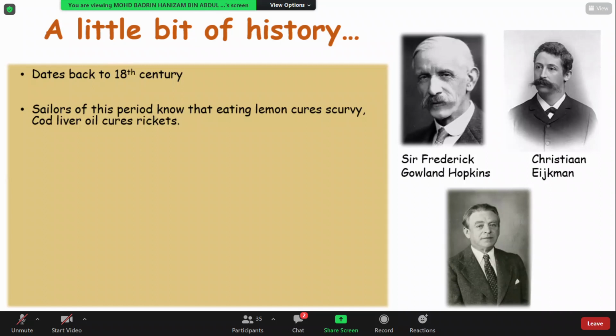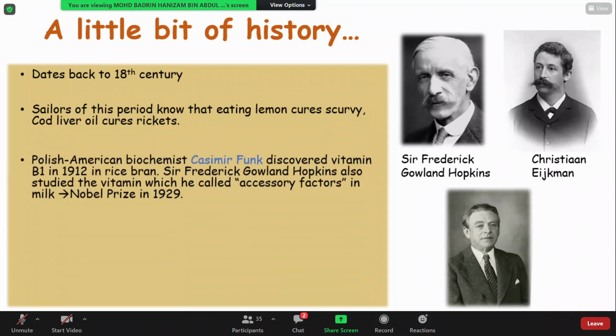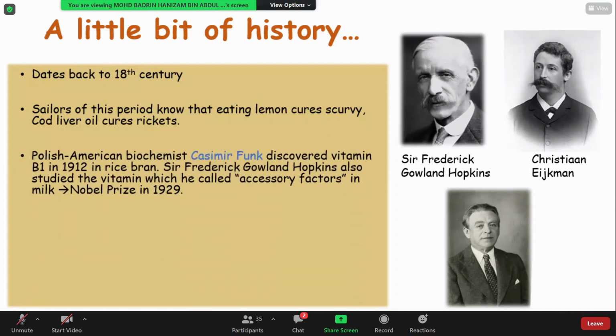They just knew that if someone had scurvy, eating lemon after a while could cure it. But when someone got rickets, somehow cod liver oil cured it, but they didn't know what actually happened in their body and what was actually contained in the lemon and in the cod liver oil.